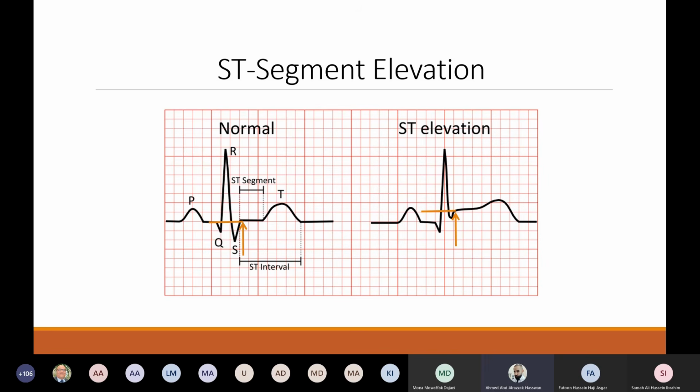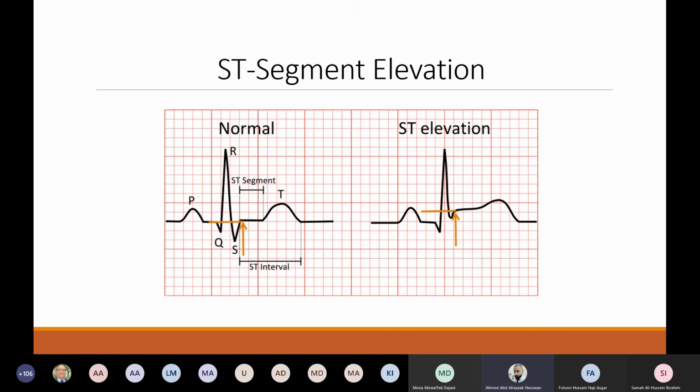If we recall, we said something about the J point. This is the start of the ST segment, and it should match the isoelectric line. Now, if the J point is elevated at least 1 to 2 small boxes above the isoelectric line, then we say that this is an ST segment elevation.